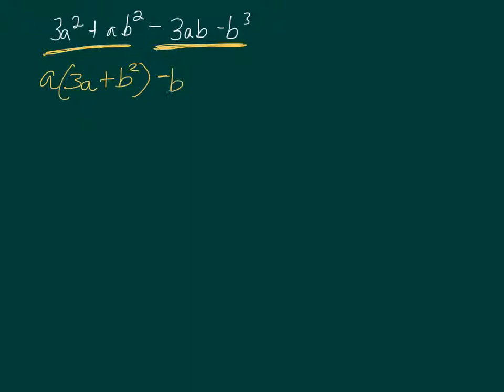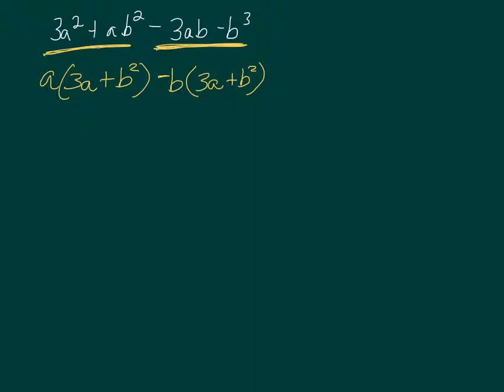So I'm going to factor out a negative b. Remember, a negative 3 divided by a negative b, a negative and a negative, that's going to be a positive 3a. And then a negative b to the third divided by a negative b, that's going to be a positive. I had 3 b's, took one out, so I'm left with b squared.